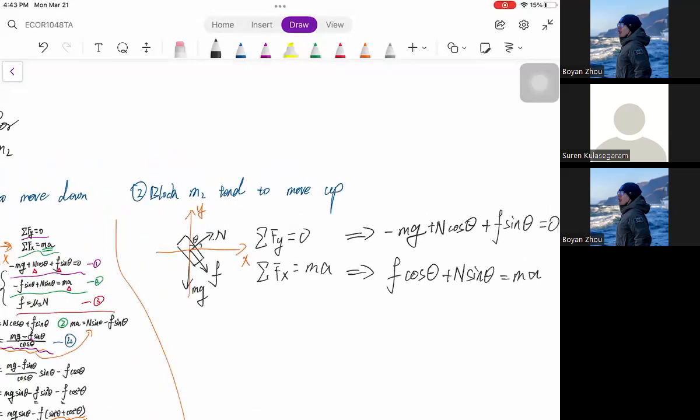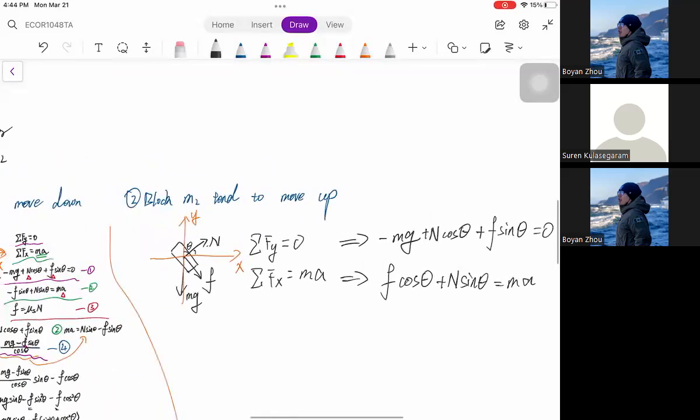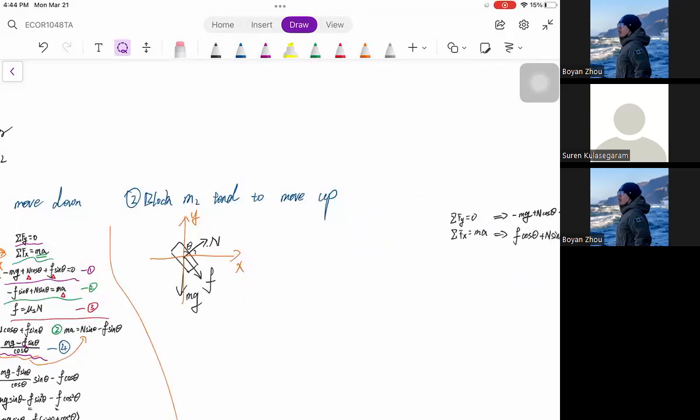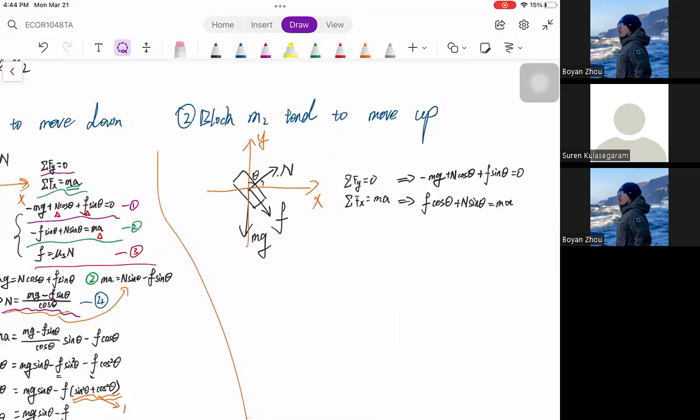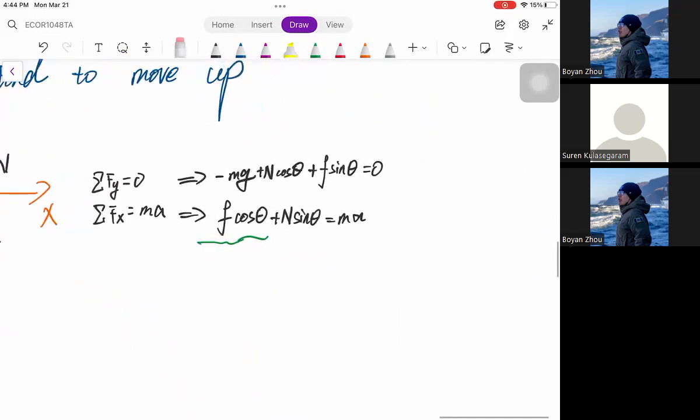So you can compare what we have on the right hand side and the left hand side. You'll notice the only difference is that the sign for f has changed. This one is actually a negative sign, so it's negative f.